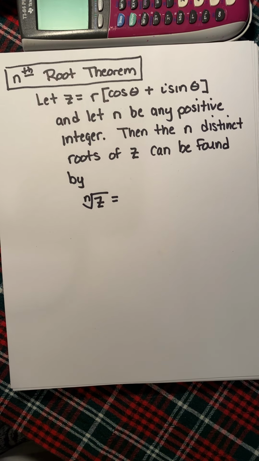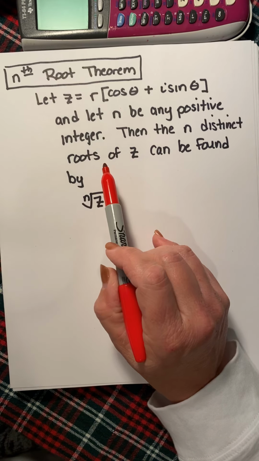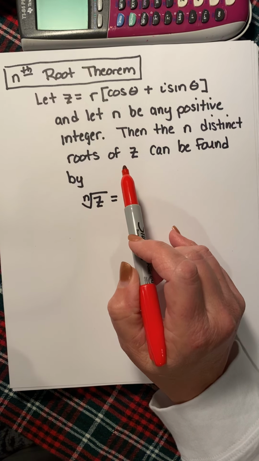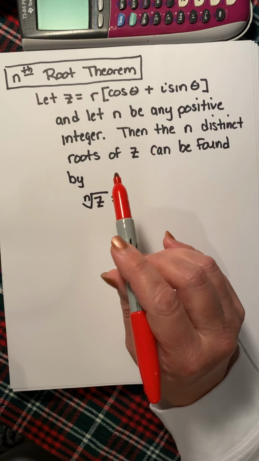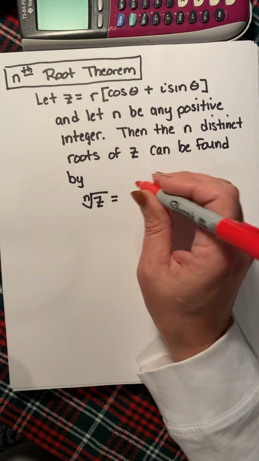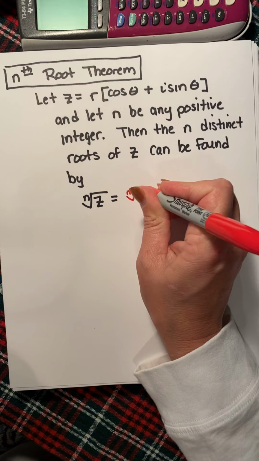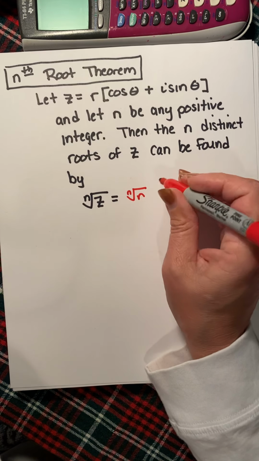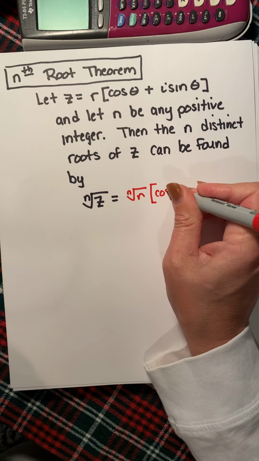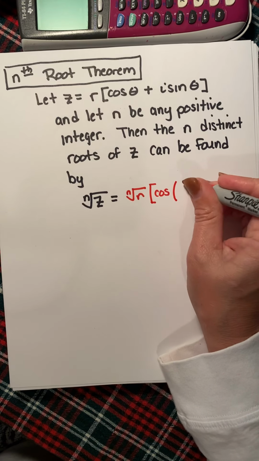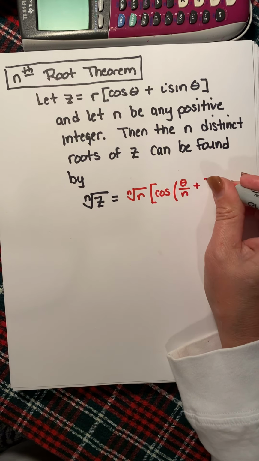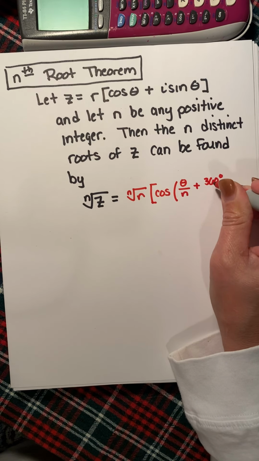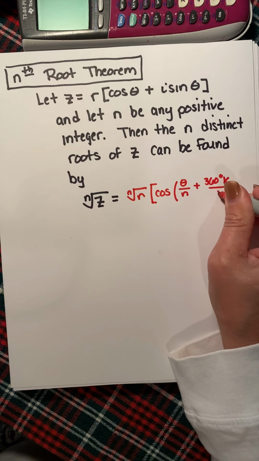So the nth root theorem says let n be any positive integer, so square root, cube root, 4th root, 5th root. So the roots can be found by taking the nth root of the modulus times the cosine. You ready for this? This gets a little tricky. The argument divided by n plus 360k divided by n.